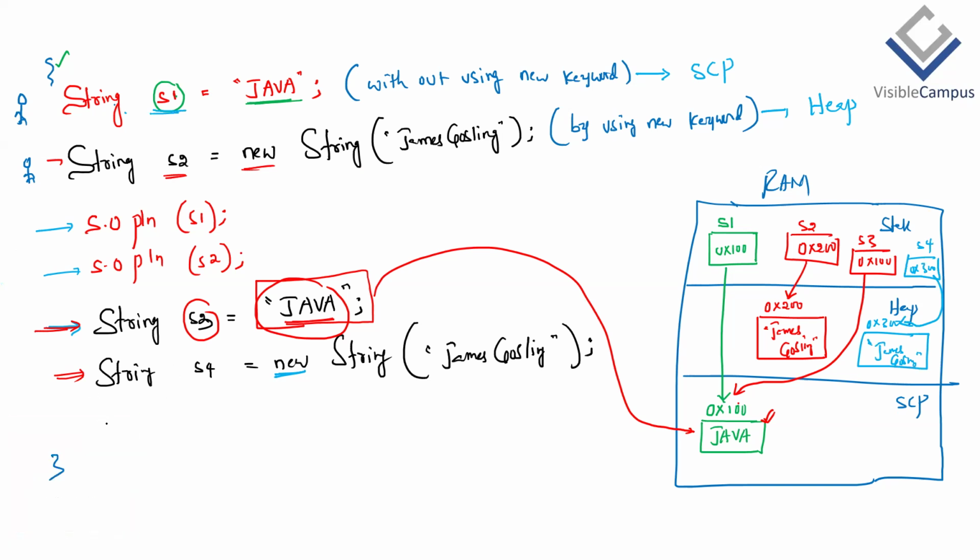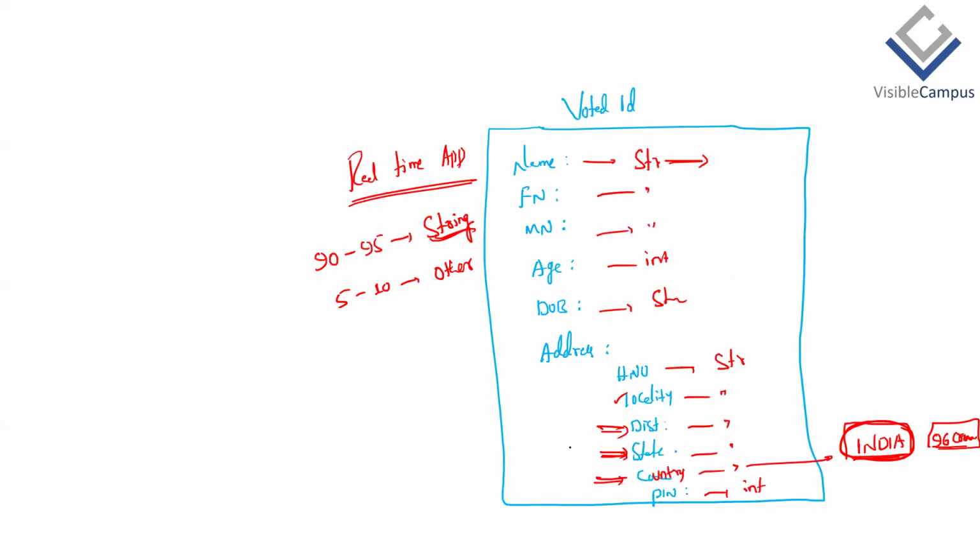Which one is recommended, sir? Which is recommended depends on the use case. If the use case is like a country, then go without new. If it is a name, go with new. Yeah, got it, sir.